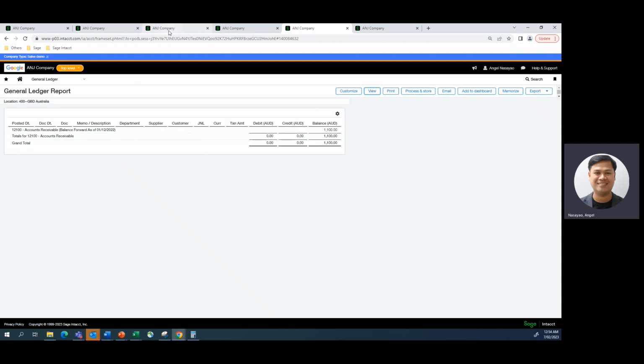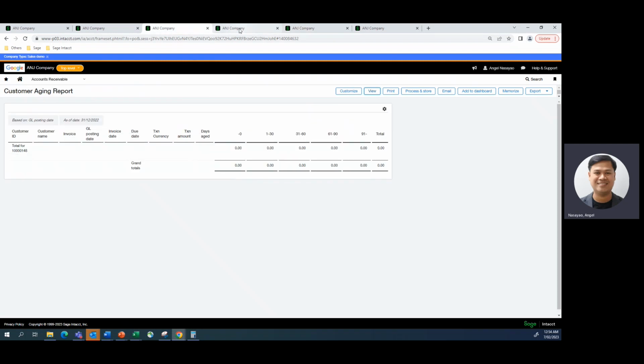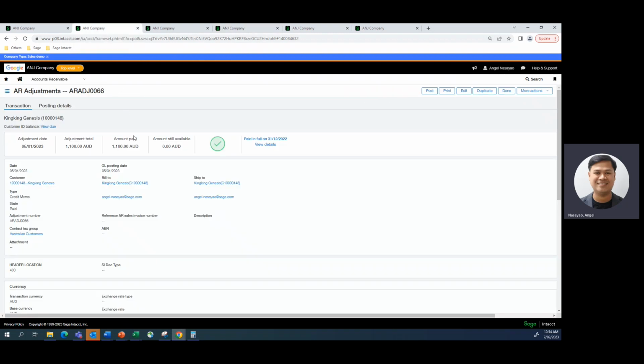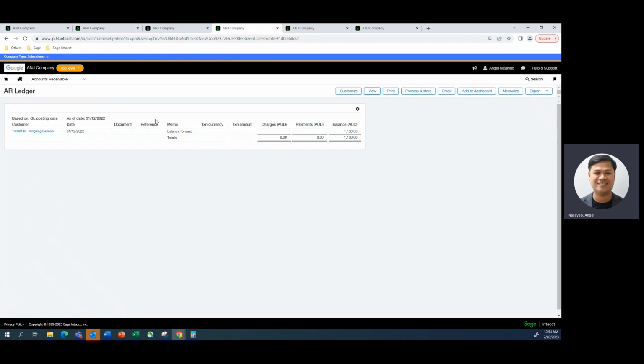It's just that the customer aging and the AR ledger don't match. It's all because the GL posting date of the credit memo is after the payment date itself, and the date of the AR adjustment, the credit memo, is after the run date, which is the 31st of December.